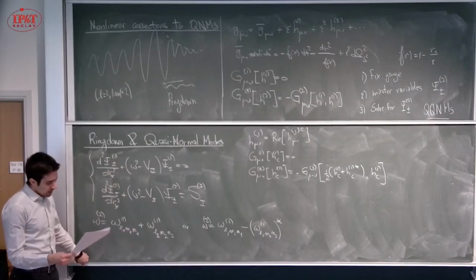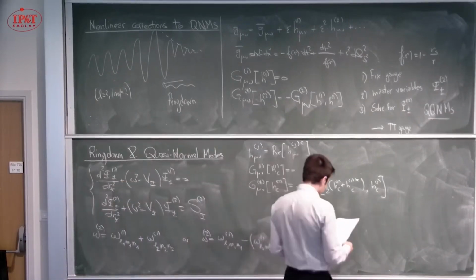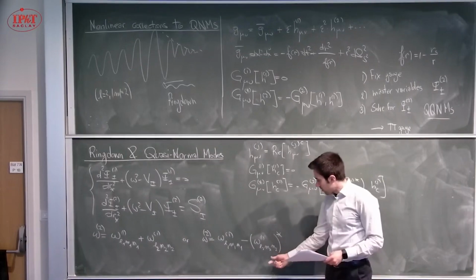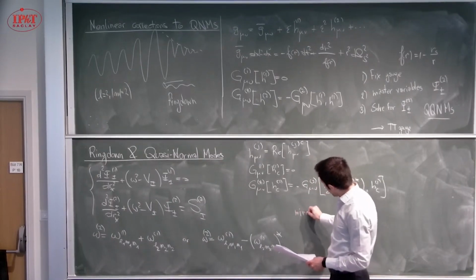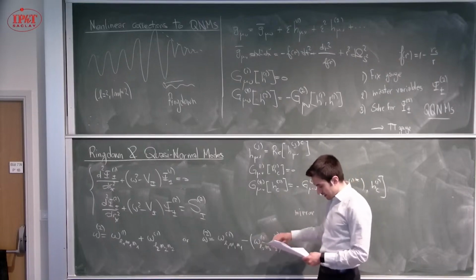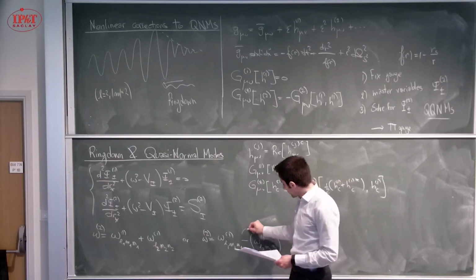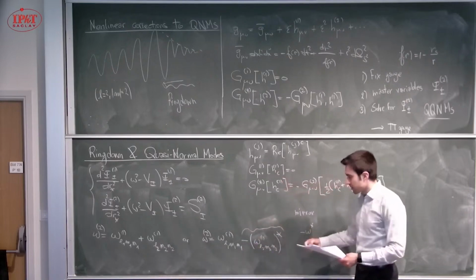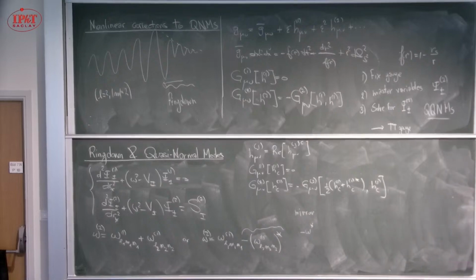And the negative sign here can also be thought of as coming from a sort of mirror mode. Mirror mode means simply that it has the frequency minus omega star. So you take the complex conjugate and you put an omega star.